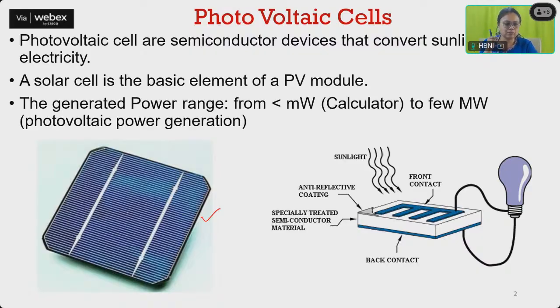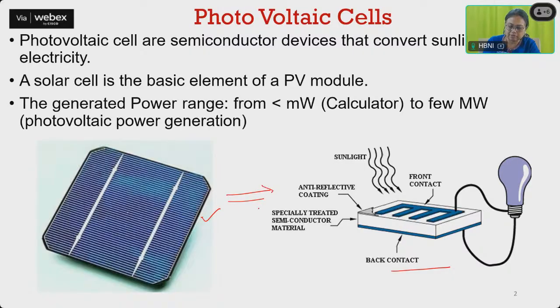Our small pocket calculators also work on solar energy. It can go up to a few megawatts when we have a very big solar plant, like power generation. Here I have shown a basic photovoltaic cell.